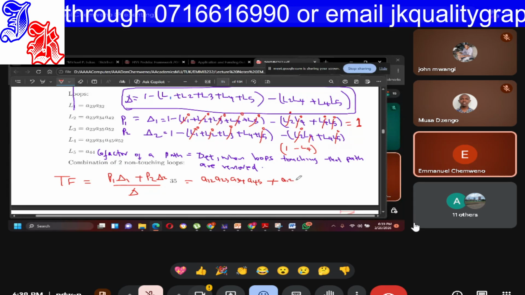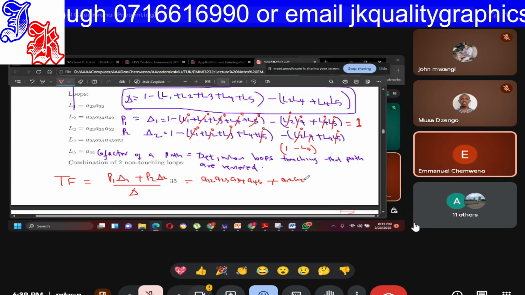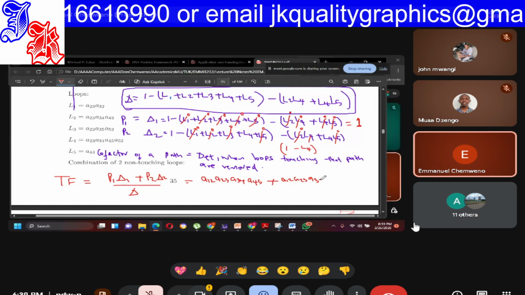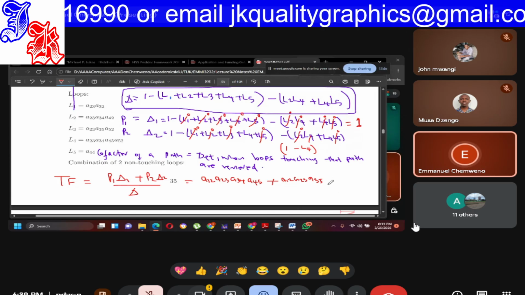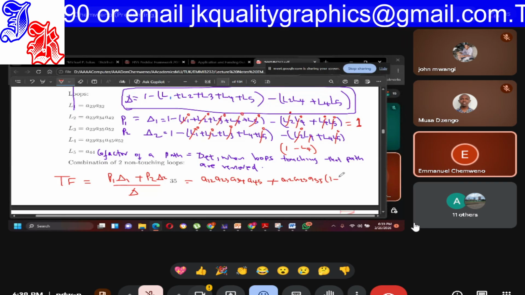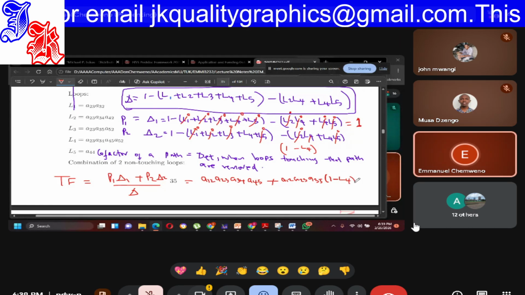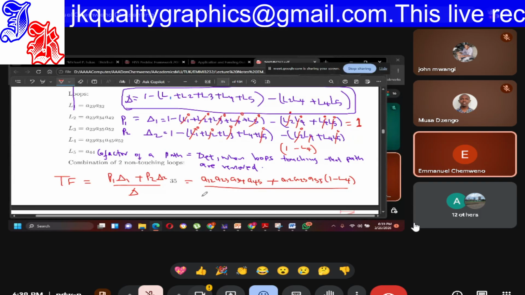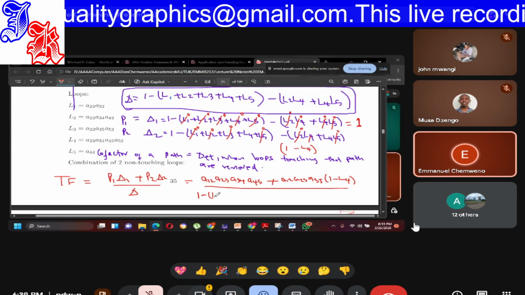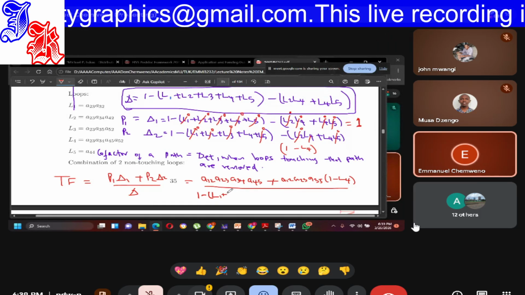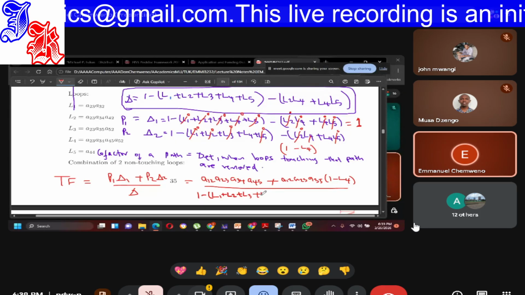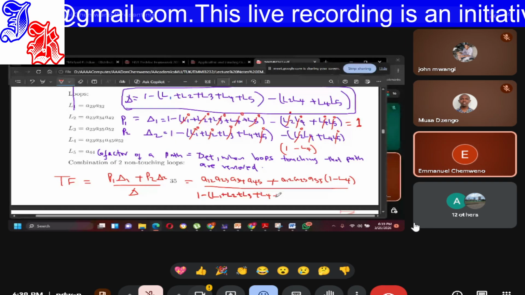times the cofactor of that path, which is 1 minus L4, 1 minus loop 4, over the determinant, which is 1 minus loop 1, plus loop 2, plus loop 3, plus loop 4, plus loop 5.